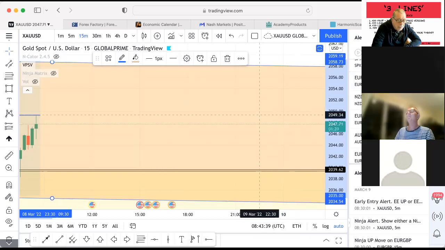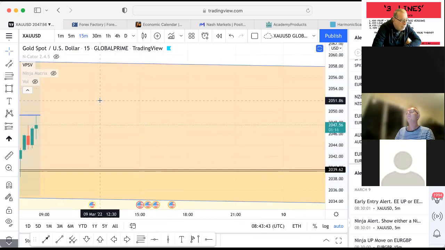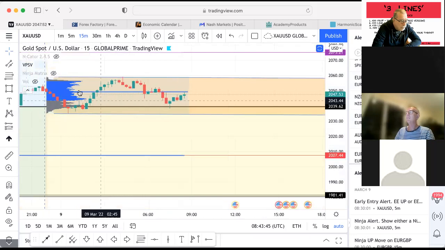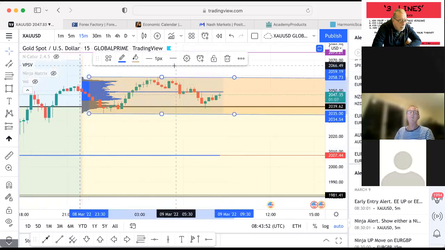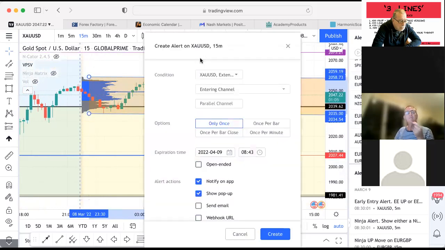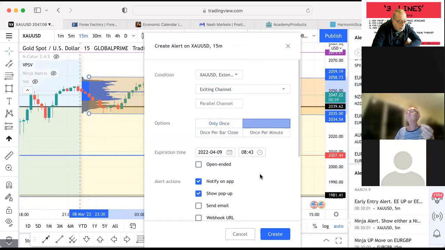Right, we'll try again. Alert. Yes, the entering, exiting channel once per bar. Create. Now, for some strange reason, I just don't know why it's not allowing me to set that alert, but I'll worry about that later.